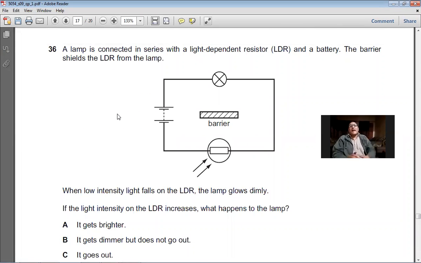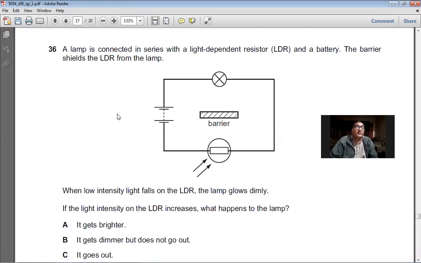A lamp is connected in series with a light-dependent resistor, LDR, and a battery. The barrier shields the LDR from the lamp. When low-intensity light falls on the LDR, the lamp glows dimly. If the light intensity on the LDR increases, what happens with the lamp?